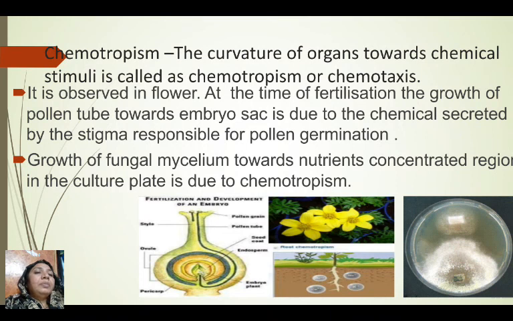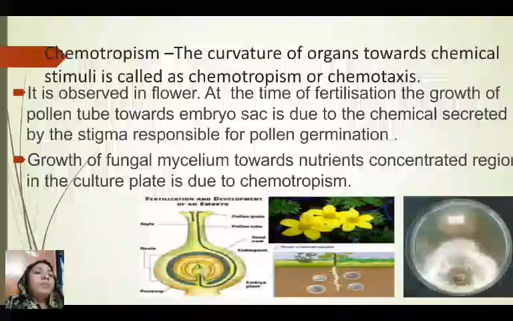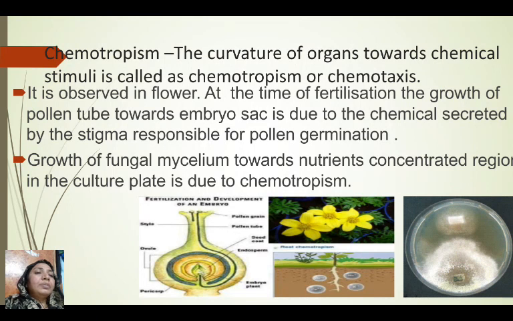This movement from the stigma up to the embryo sac is possible only because of the chemicals produced by the stigma. Therefore, it is called a chemotropic movement, which is responsible for pollen germination as well as for fertilization in the flower.